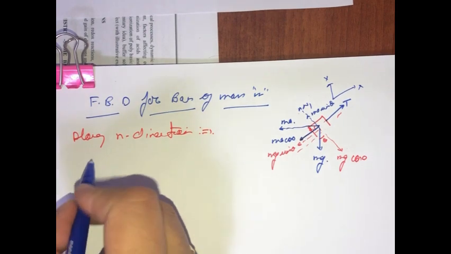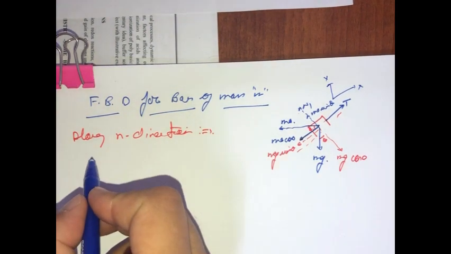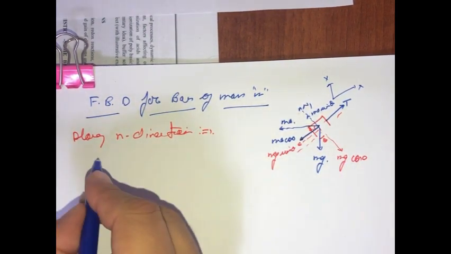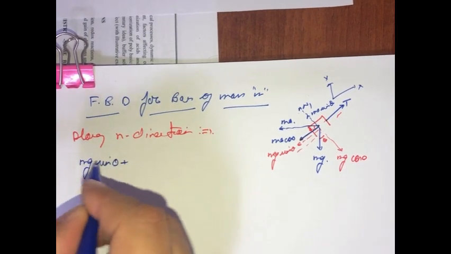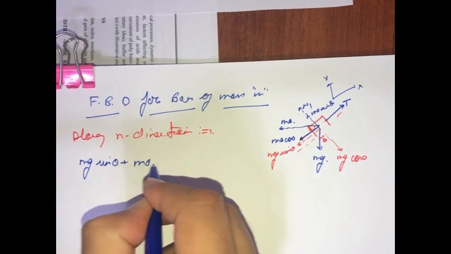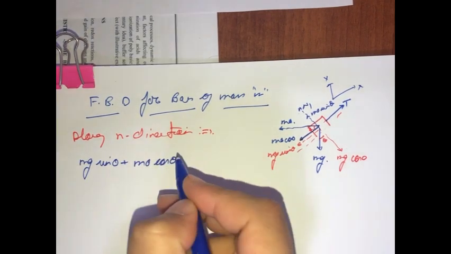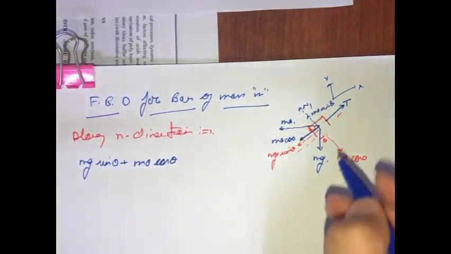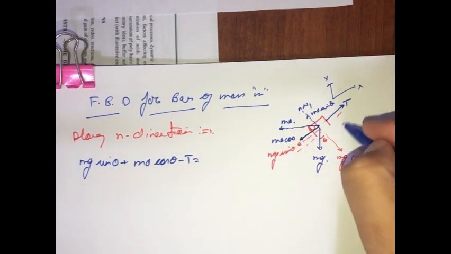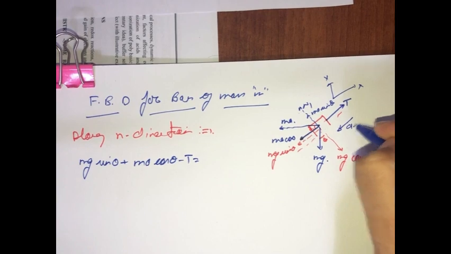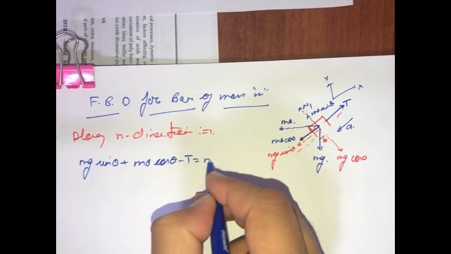We have mg sin theta plus ma cos theta, and we have minus T, and we have said that it is moving in downward direction with the acceleration of a, and this will be equal to ma.